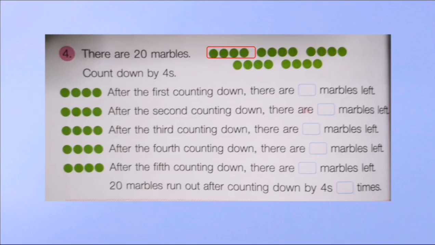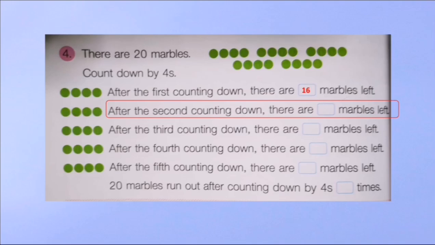So how much is it? It's 16. Let's read the sentence together. After the first counting down, there are 16 marbles left. Now let's go to the second sentence. After the second counting down, there are blank marbles left.